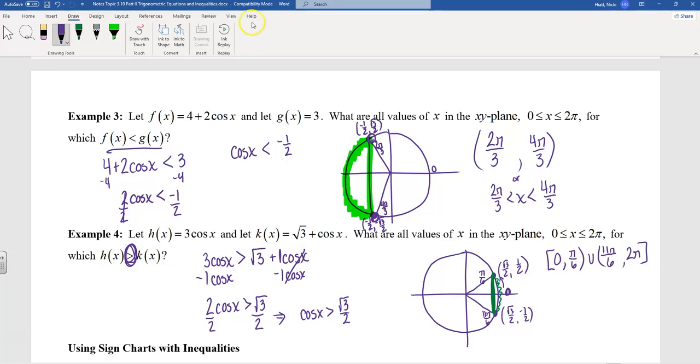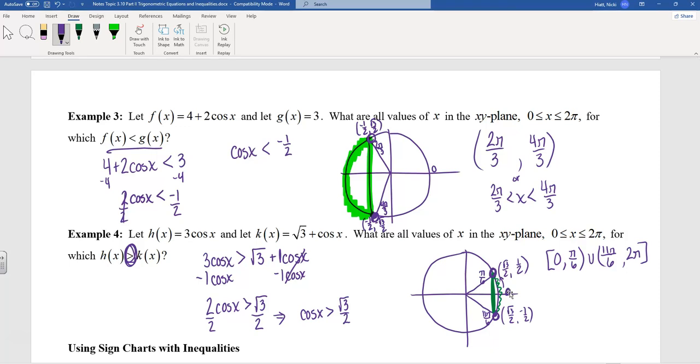But if I were giving any of the values in here, I would use a bracket, which I didn't need to do on that problem because I was just going from 2 pi over 3 to 4 pi over 3. But on this problem, you've got an open circle right here and an open circle right here. Those are not included. But 0 is in the middle of the answer, so we use a bracket with that one there.